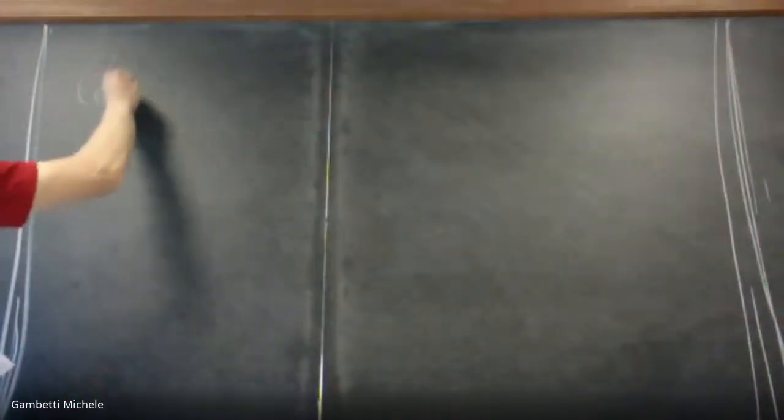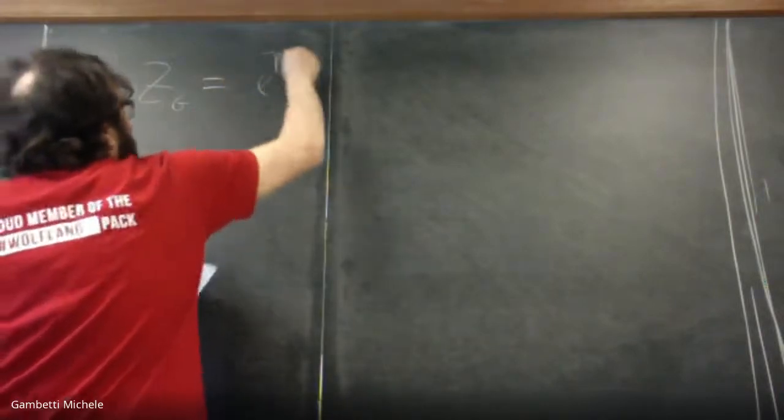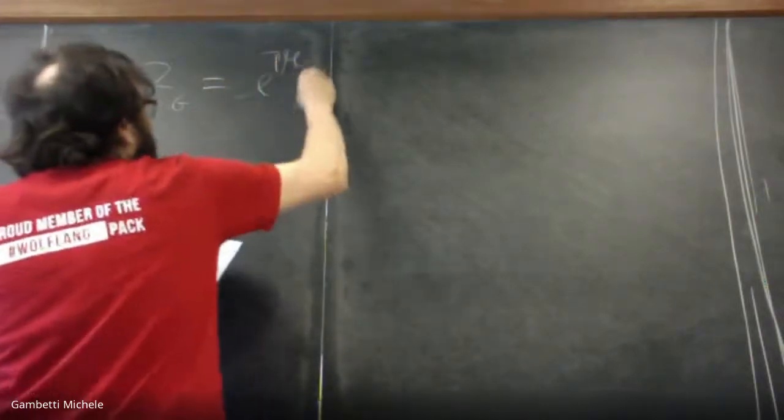So let me start from the last formula that we derived. We said that the logarithm of the grand canonical partition function, doing a little bit of algebra, was e^(βμ) V, then 1 over λ³, and then 1 minus 1/6 times (q ħ / 2mc)² times B divided by (k_B T)².